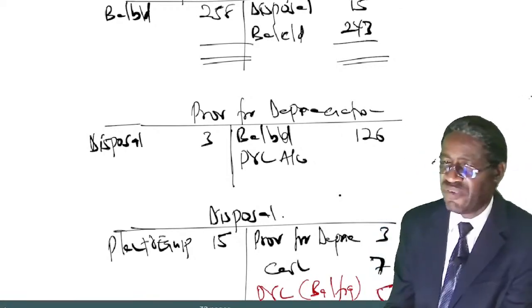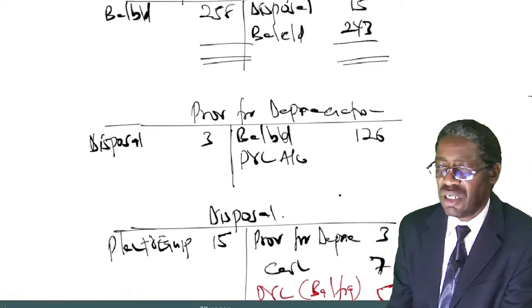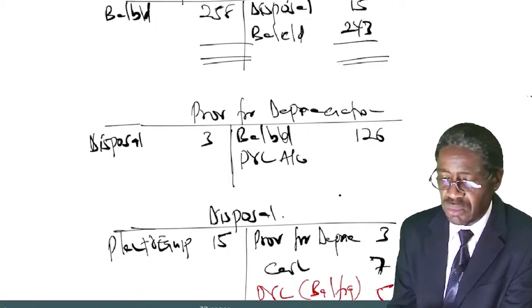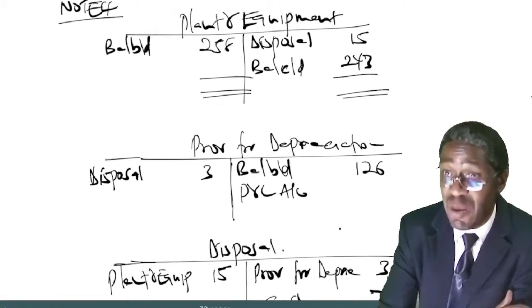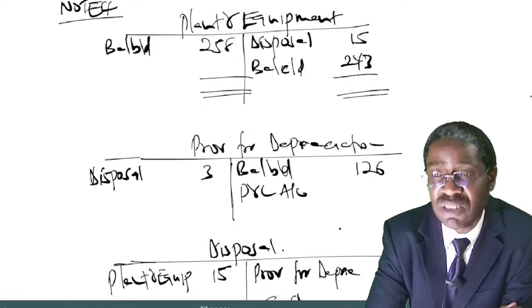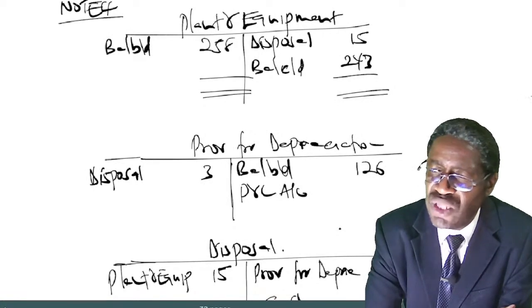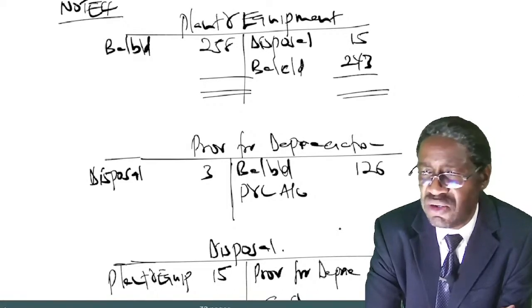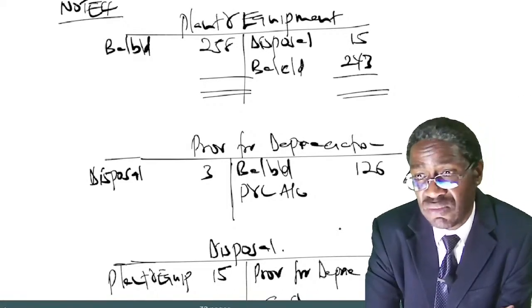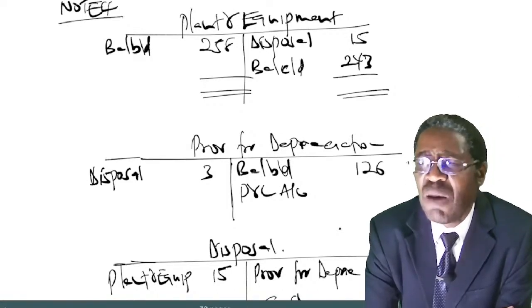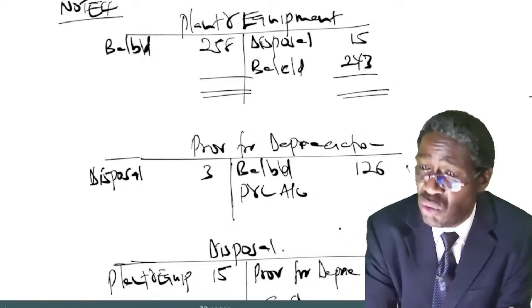Now listen carefully, because that's another area one has to be careful. It's one which used to be a bit tricky. It's true we are remaining with assets costing 243 according to the asset account. But how am I depreciating the remaining ones?